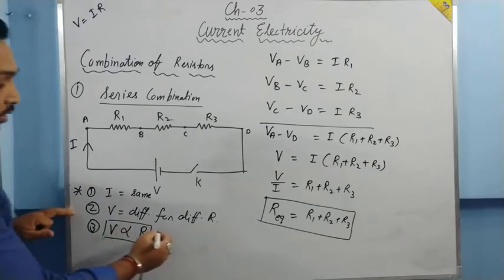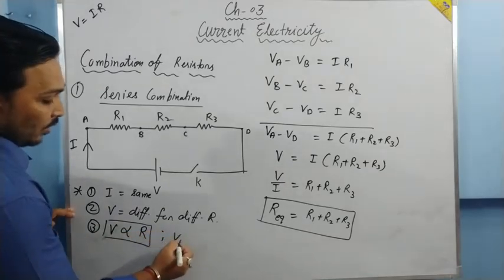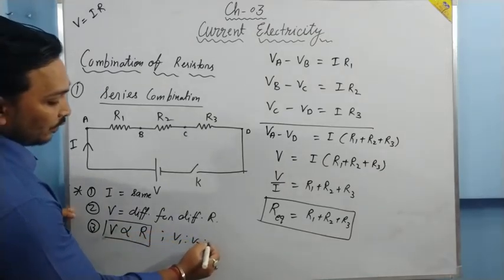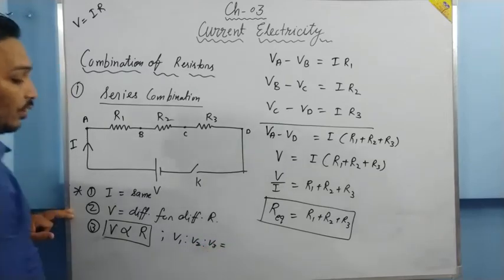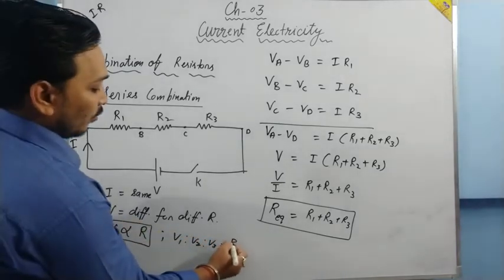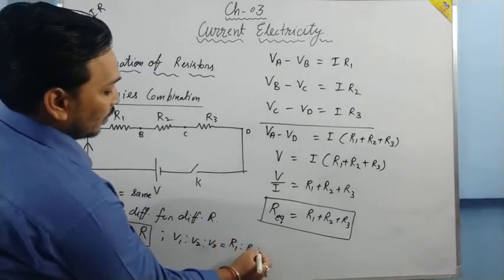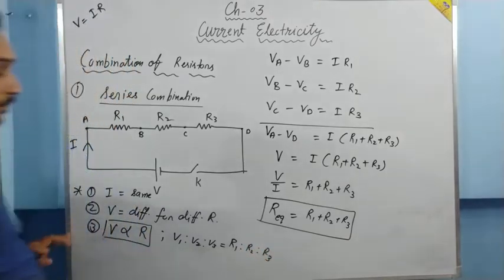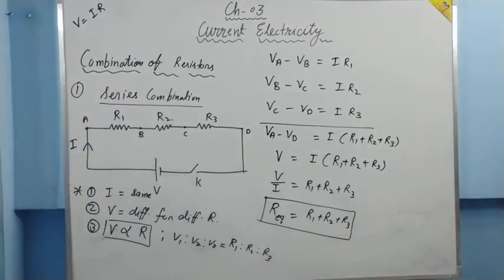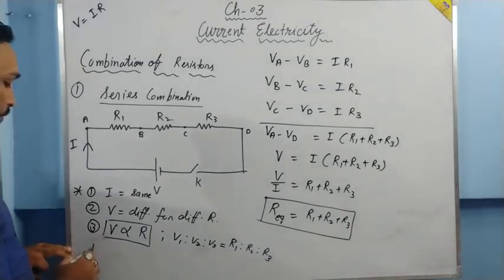Now, if I want to know the ratio of potential difference, it will be R1 is to R2 is to R3. The ratio of resistances is the ratio of the potential drop across them.